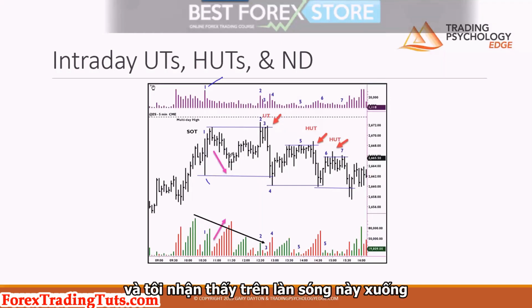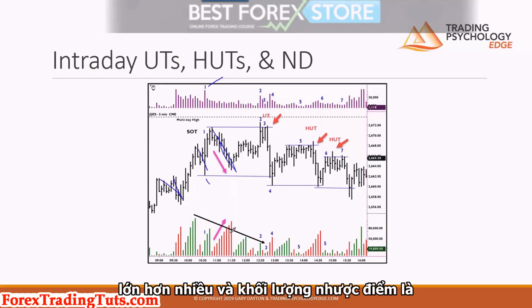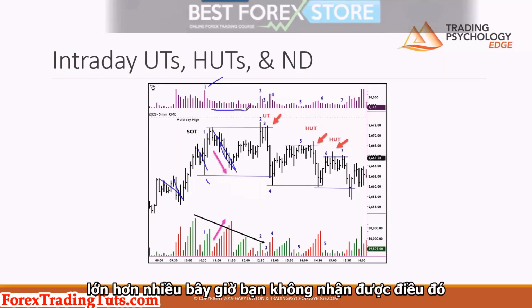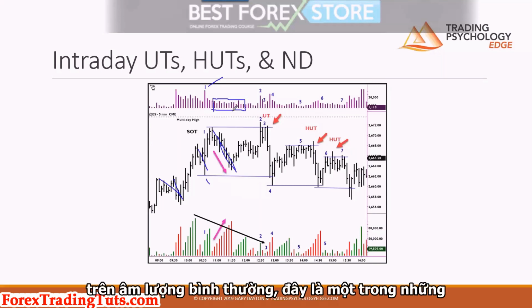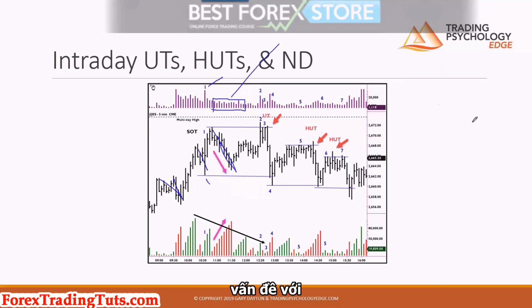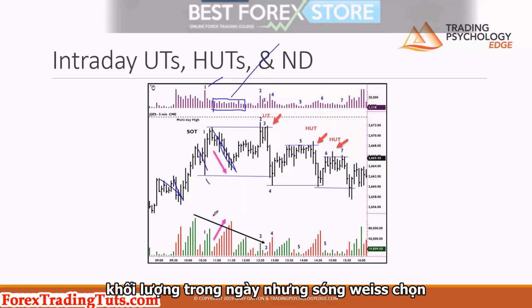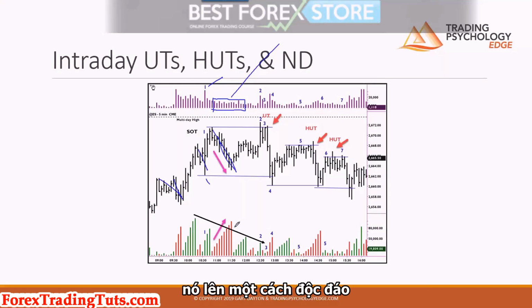I notice this wave down is bigger than these other waves, and the downside volume is much larger. You don't pick that up on normal volume. This is one of the problems with intraday volume, but the Weiss wave picks it up nicely. So this is in itself an indication of weakness.